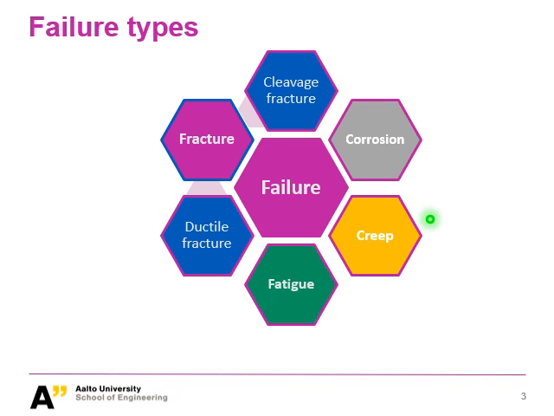Probably you don't feel so familiar with creep. And the other one, I think everybody knows, is corrosion. You're probably surprised that corrosion is a type of failure too. So if we go with the major division, we have fracture, fatigue, creep, and corrosion.